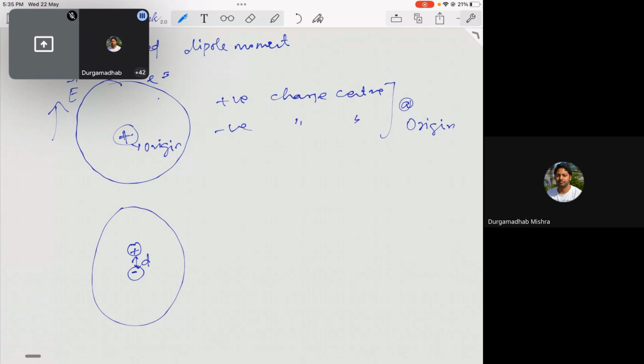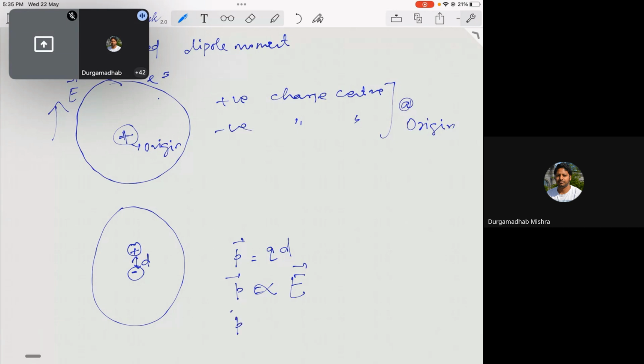So a separation occurs, which leads to a dipole moment qd, which is proportional to the electric field. So this induced dipole will be proportional to the electric field.